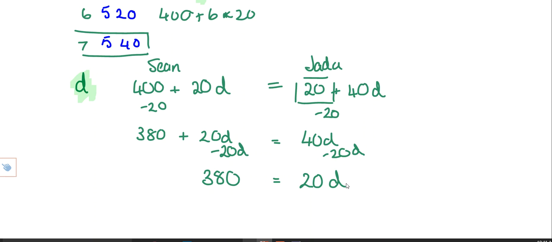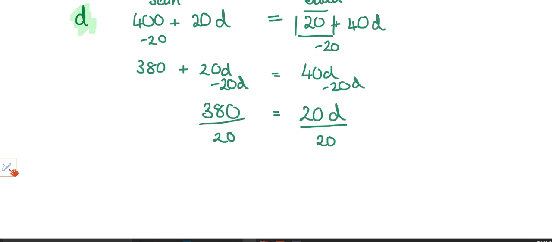Now we can divide by 20. And I get D equals, well, divide by 10 first. So 38 divided by 2 is 19. So D is 19.